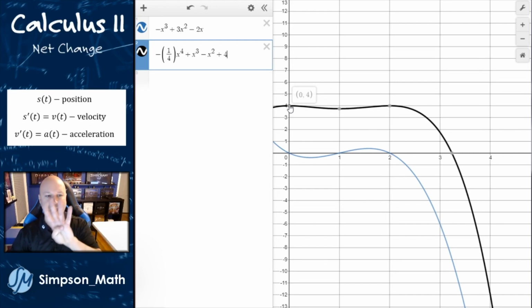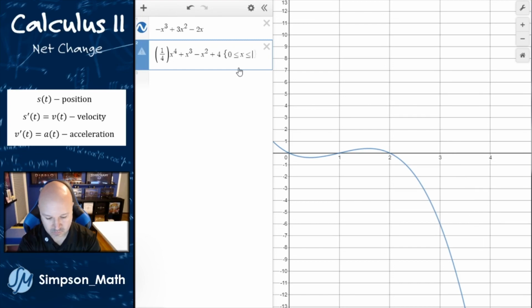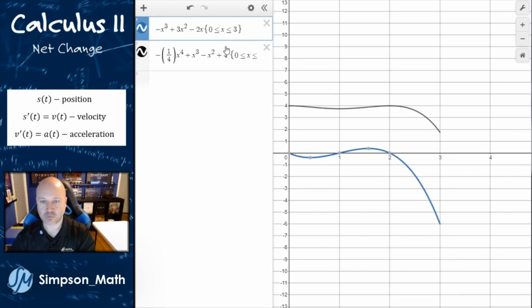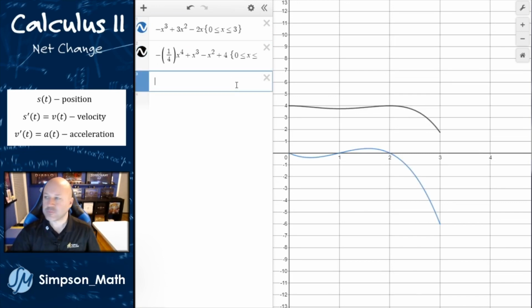I started at a y value of 4, and I want to know what was my displacement after a time of 3 seconds. In fact, let me cut this off at 3.